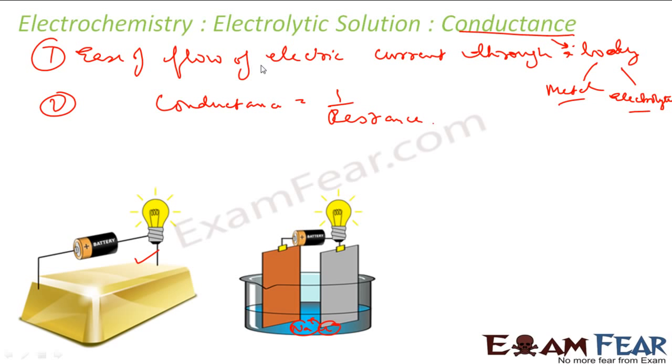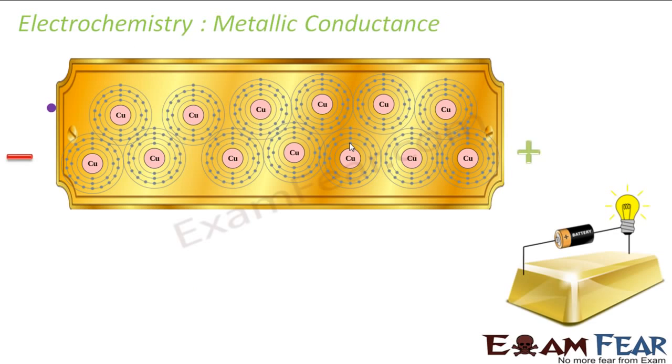So we have conductance in metals and we have conductance in electrolytes also. Let's discuss the metallic conductance now. If you have a metal and you create a circuit like this, the bulb will glow. So what is metallic conductance?